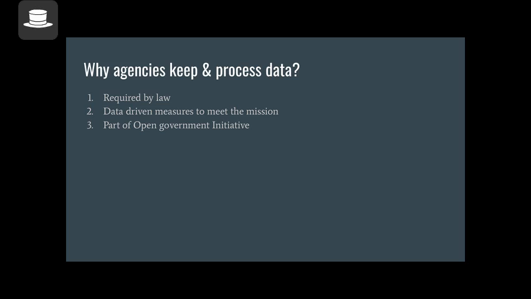The data can be related to credit card information, credit usage information, census information, demographic information, and tax information, specific to a region, state, or the entire country. People have the right to know these things. Now, these are 3 common reasons why agencies store data.